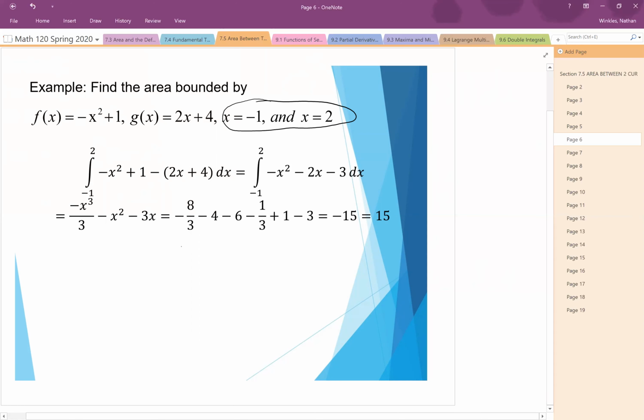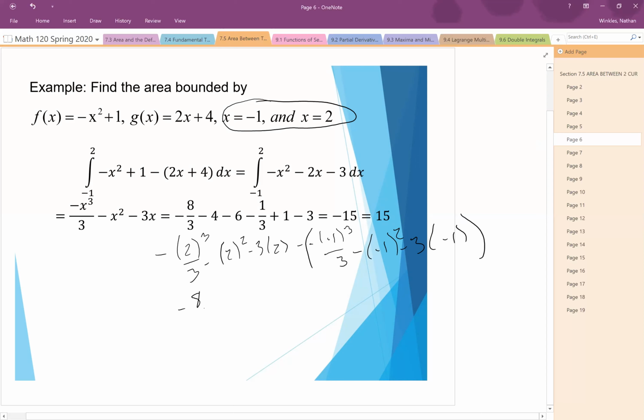So in other words, this right here is minus of 2 to the third over 3 minus 2 squared minus 3 times 2. And then minus, we would have plugging in the -1, negative of -1 to the third over 3 minus -1 squared minus 3 times -1.